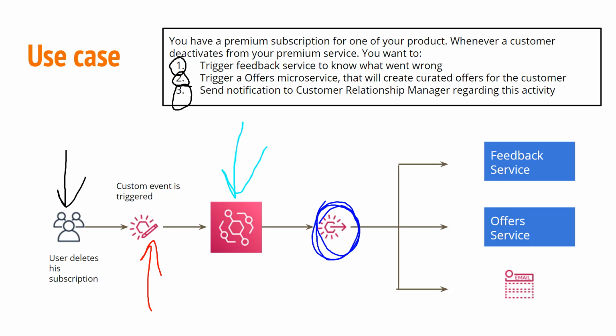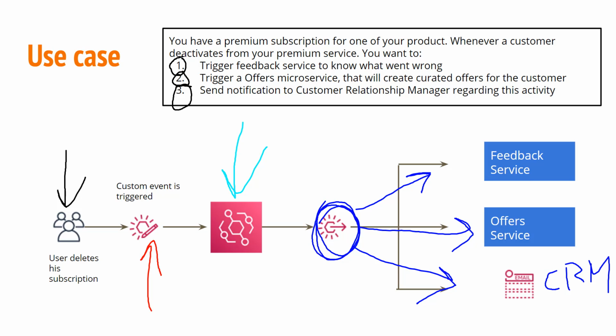So once a rule is matched here, these 3 targets would be there. The first one is the feedback service, the second one is the offer service, and the third one is the email service to the CRM. Okay, so this is a classic use case of event driven architecture that we can create with the help of EventBridge.